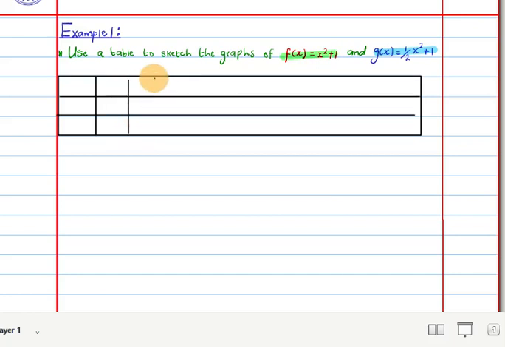So I have two functions, the function of f and the function of g. I'll just take a few values of the domain, because we know the domain starts from negative infinity to positive infinity, but I'll just take a few values of x.